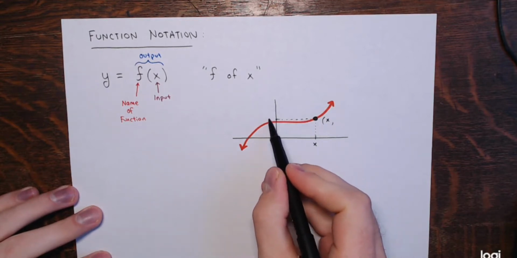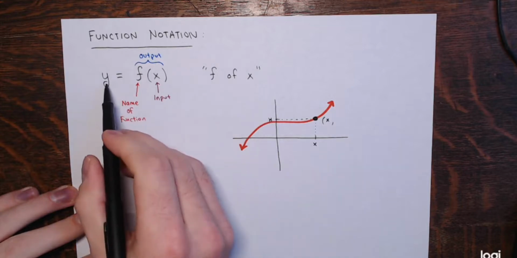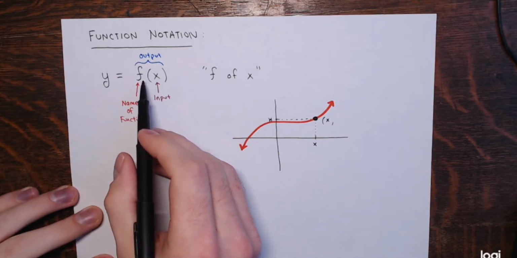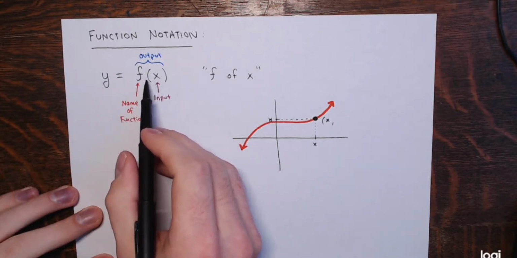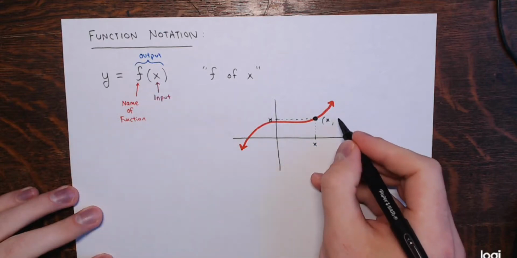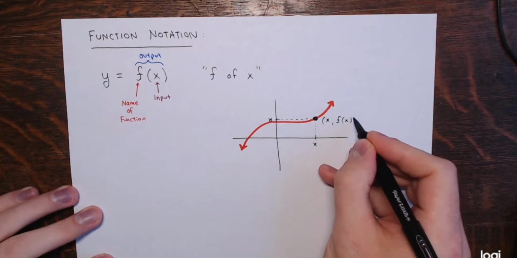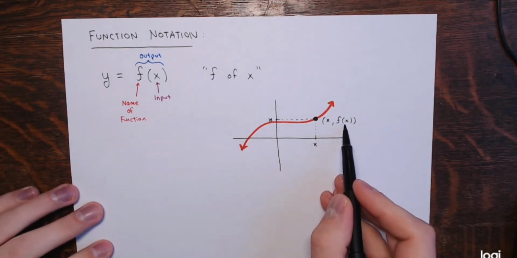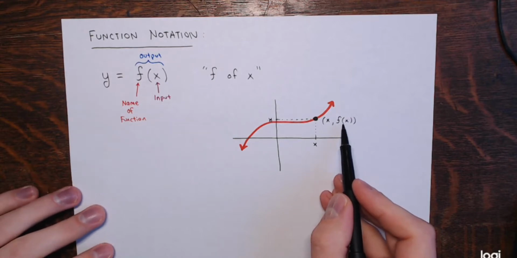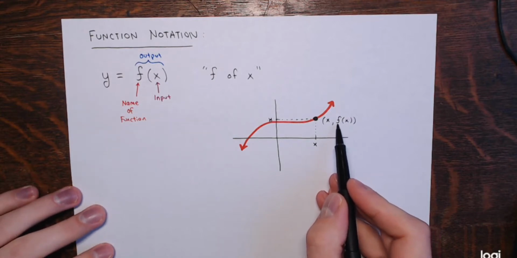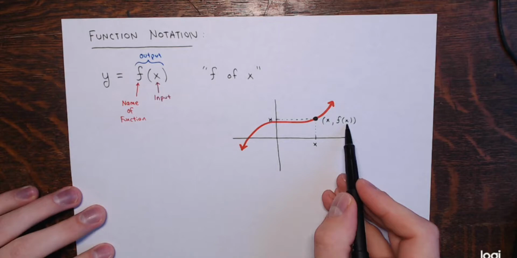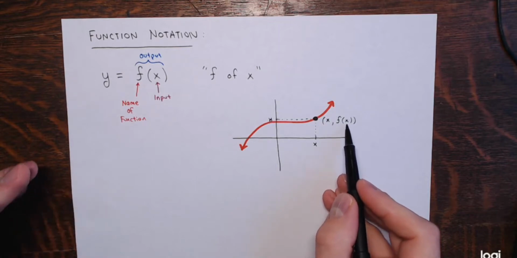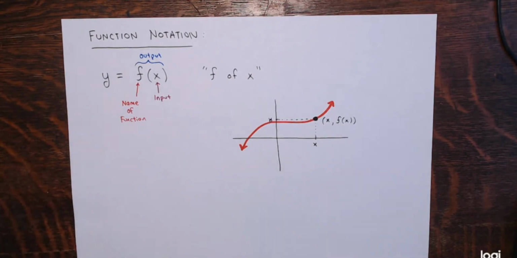Remember, the y value is also called the name of the function at x, f of x. So instead of x comma y, now we're going to see x comma f of x. So input x, comma, output f of x, the value of f at x, or the value of f when the input is x, or what's the output of f when the input is x. All of that means the same thing.